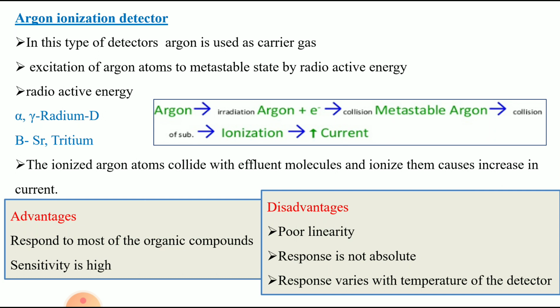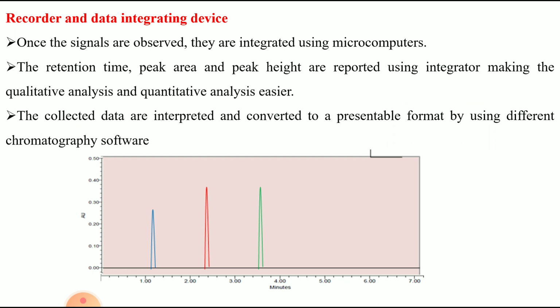So up to now, the detectors detect the analyte and preserve the information in electrical signals. Now these electrical signals will be converted or integrated into human readable form by using a recorder and integrating devices, by using microcomputers which have software.